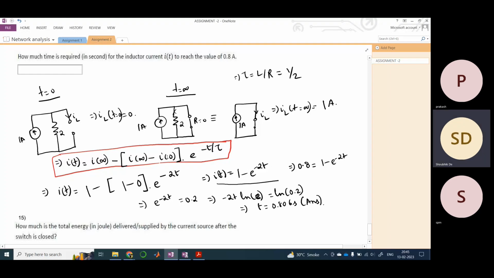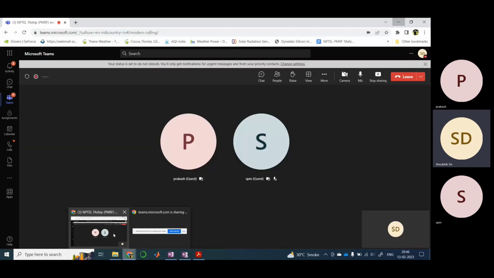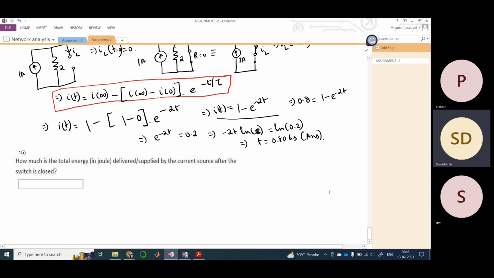Once you get this, you need to substitute, and before that you need to find out what is the voltage or current at t equals 0 or at t equals infinity. Once you do that, you just need to substitute here and you will get an equation, and after that it is pretty simple. Okay, so I hope that this was clear, and with this we'll be proceeding to the next problem.